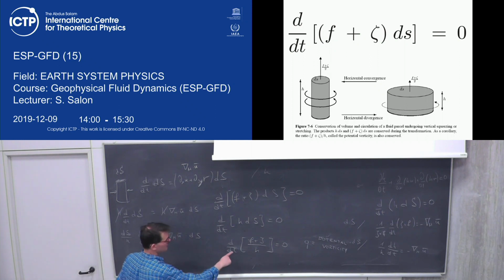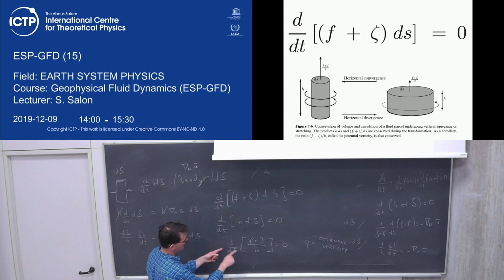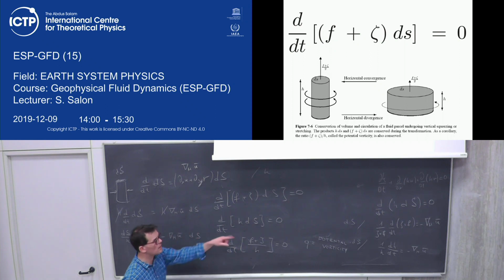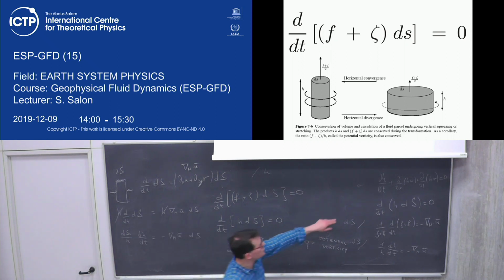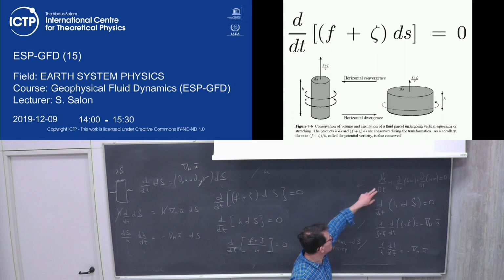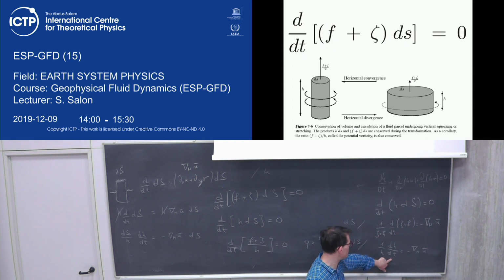So if you like, you can just make the variation of the differentiation of these two, and you will obtain each of the other conservation. So continuity equation, conservation of mass, of volume, conservation of vorticity with respect to divergence, horizontal divergence, and conservation of height with respect to divergence. Okay?